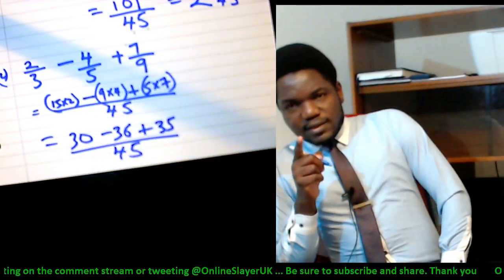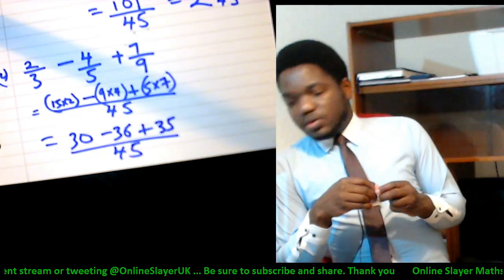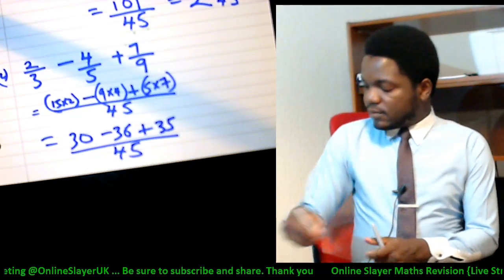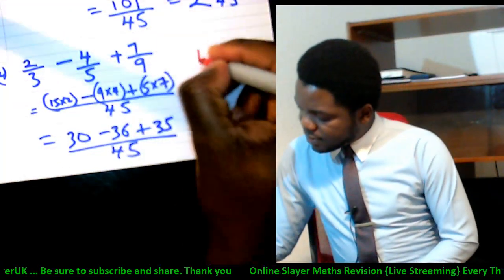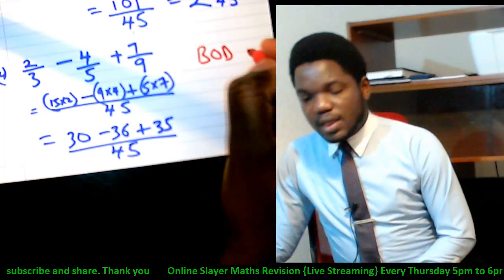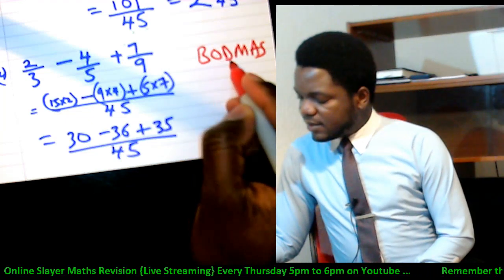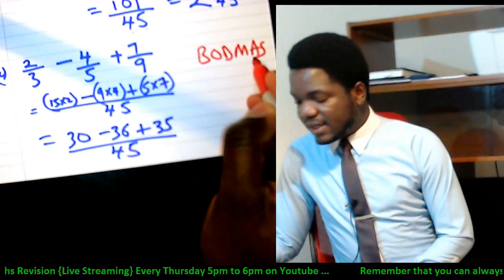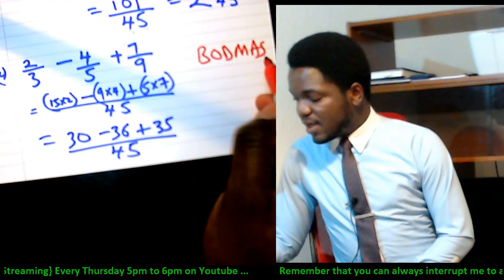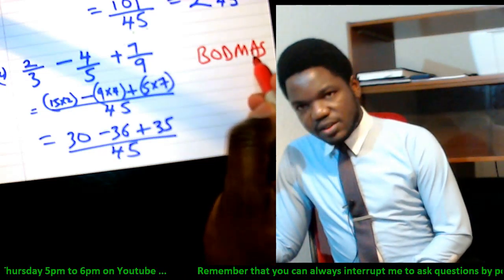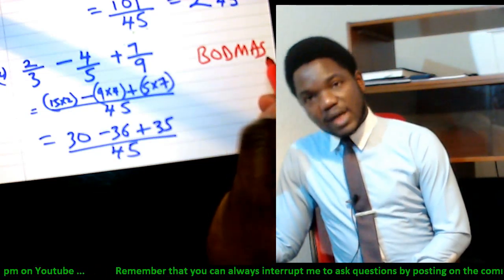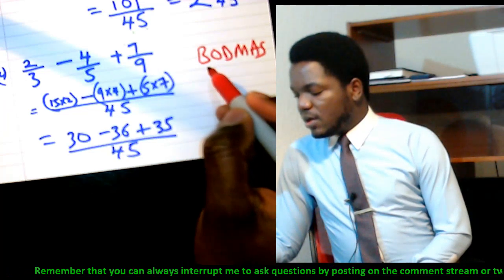According to BODMAS, which is a very important rule you might have already heard about. BODMAS, do you know about BODMAS? Brackets, of, division, multiplication, addition, and subtraction. It says solve the addition before you solve the subtraction. It goes in that order.